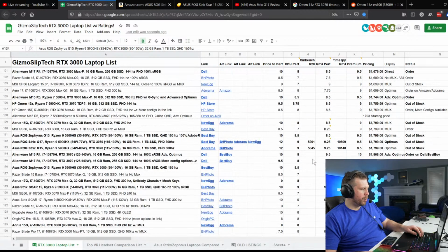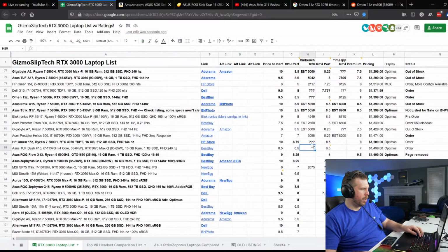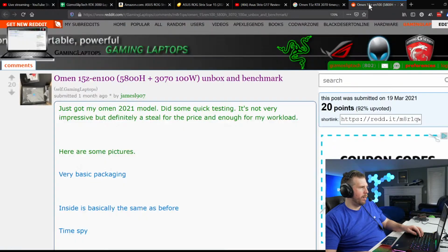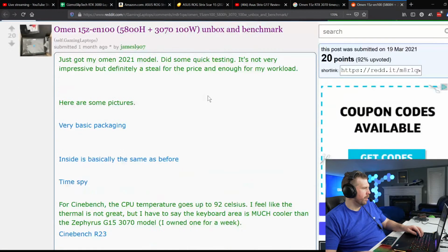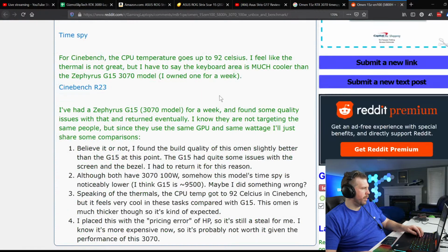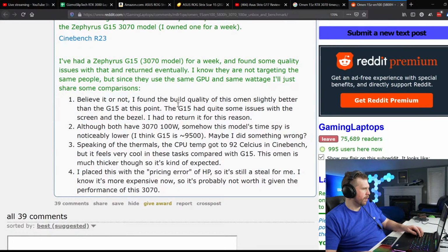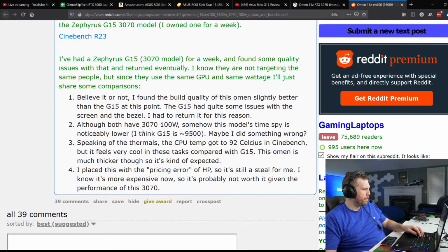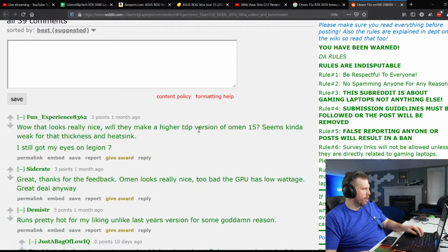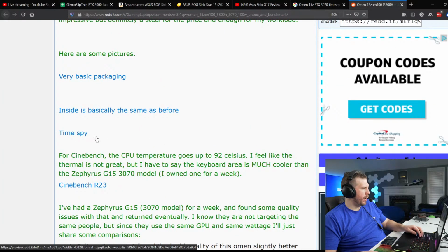All right. Thank you so much for the benchmarks. All right, continuing on. What do we got here? Omen 15Z 5800H. So we need to find the 30, 70, 100 watt. Timespy.